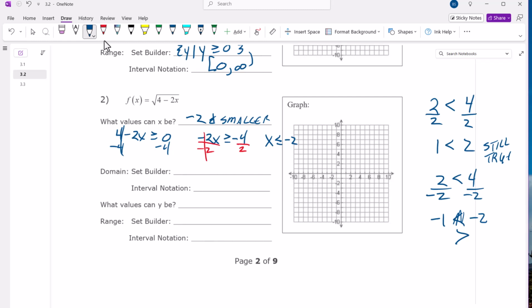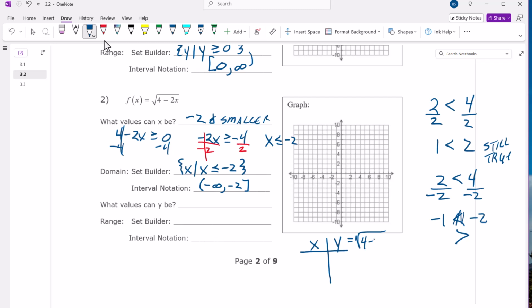So this one, you would just basically say set of x, such that x is less than or equal to -2. Interval notation would be everything to the left of -2, so that would be -infinity, -2 at the bracket. And then again, we can make a table of values on this if we want to.